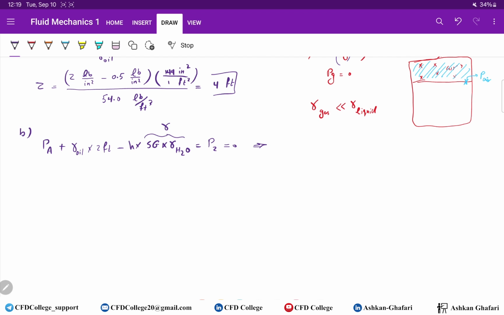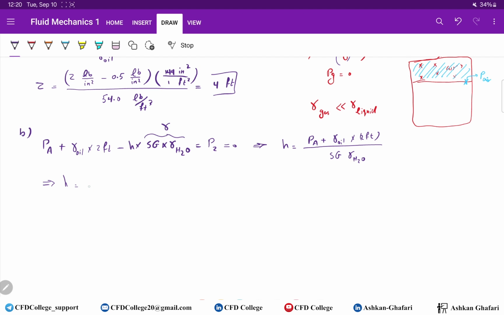So from this equation I can find H. H equals PA plus gamma of oil times 2 feet divided by SG gamma of water.